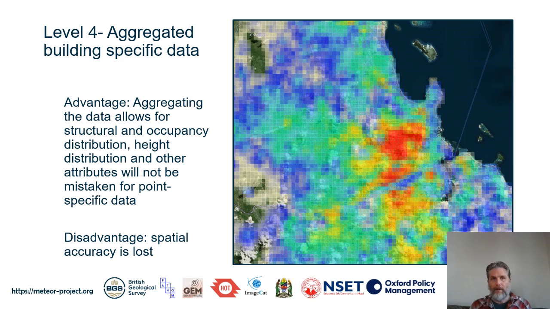So the level 4 builds on building specific data. Arguably, you would think it would be more accurate than level 3 data because it does build from that distribution of buildings on a site-specific level. But depending on the data that you're starting with, it is not necessarily more accurate, which is something we need to keep in mind.